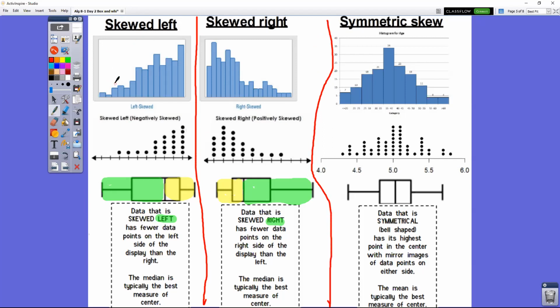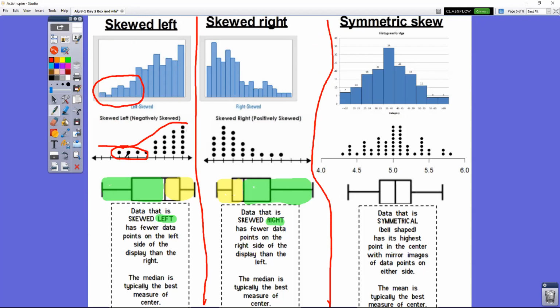So skewed left, the bottom of the hill is over towards the left because these little outliers here are being stretched and making our data skew to the left. Notice that we only have a couple little points down here. All right, the bottom of our hill is over to the left.